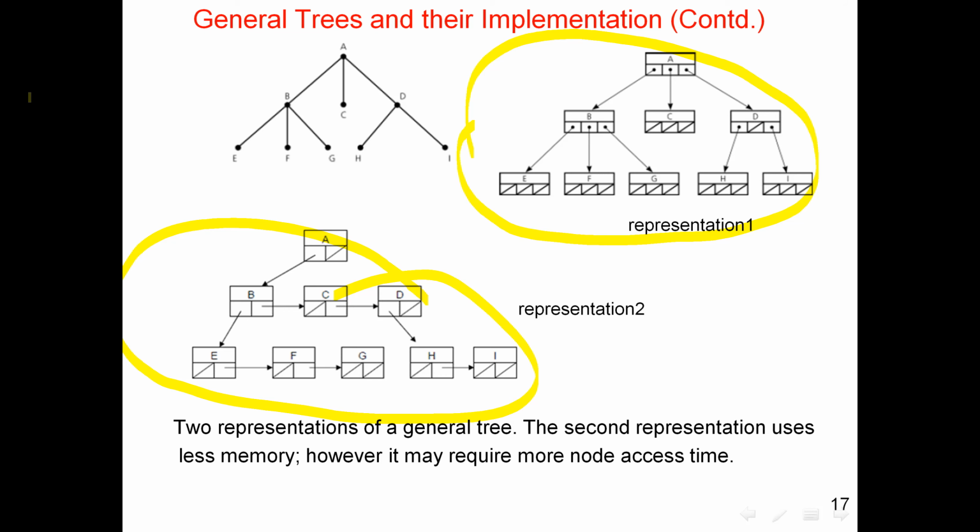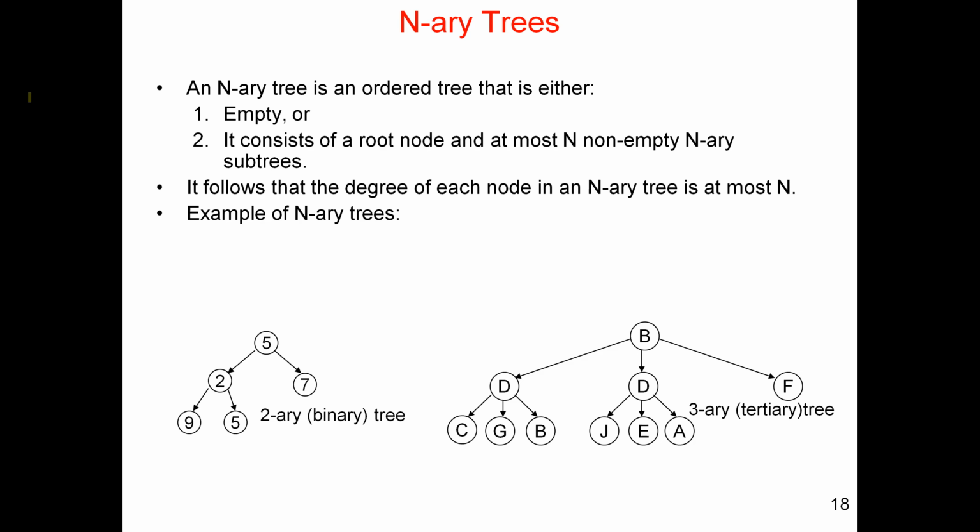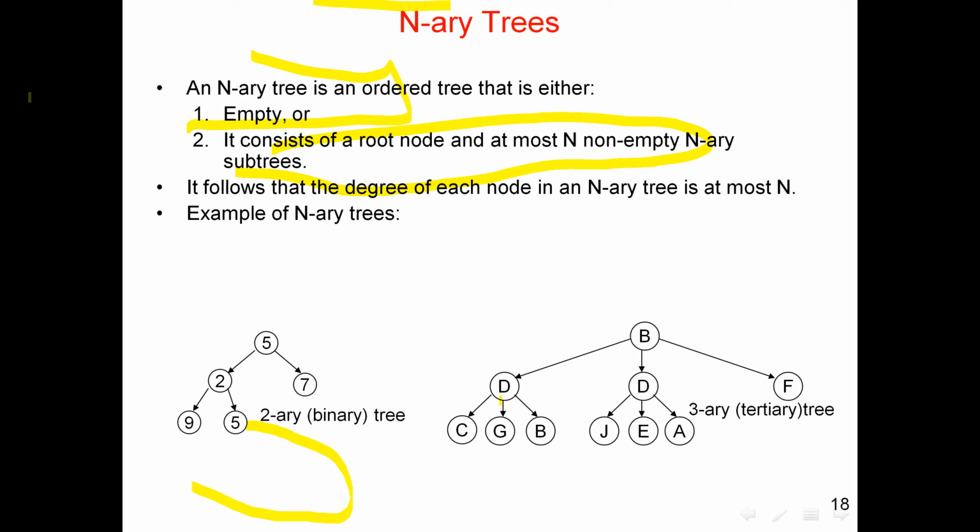So the general tree representations are very, very important. An n-ary tree is an ordered tree. It is either empty or it consists of a root node and n non-empty subtrees. So you can see binary means 2 subtrees, and ternary tree, sometimes we call it, has 3 subtrees, and you have quad and hexa and so on.